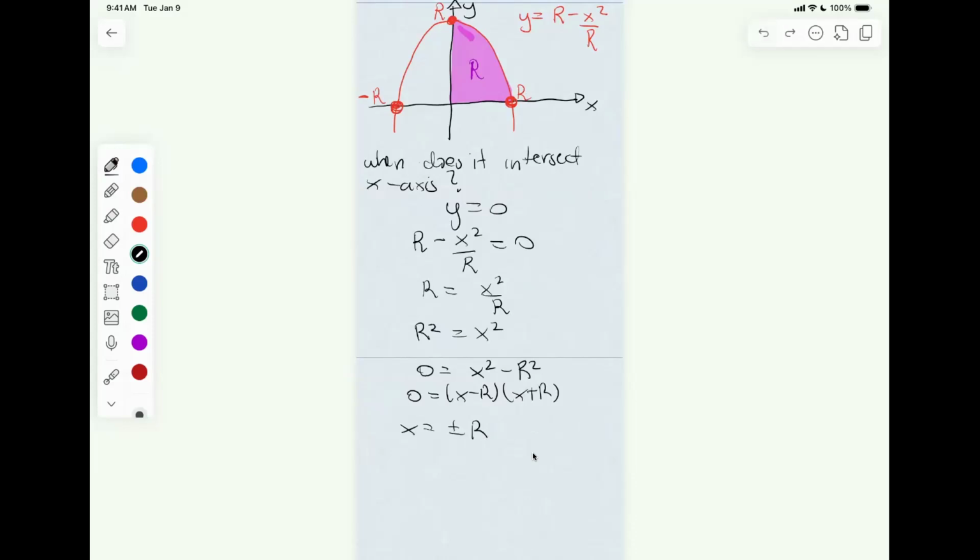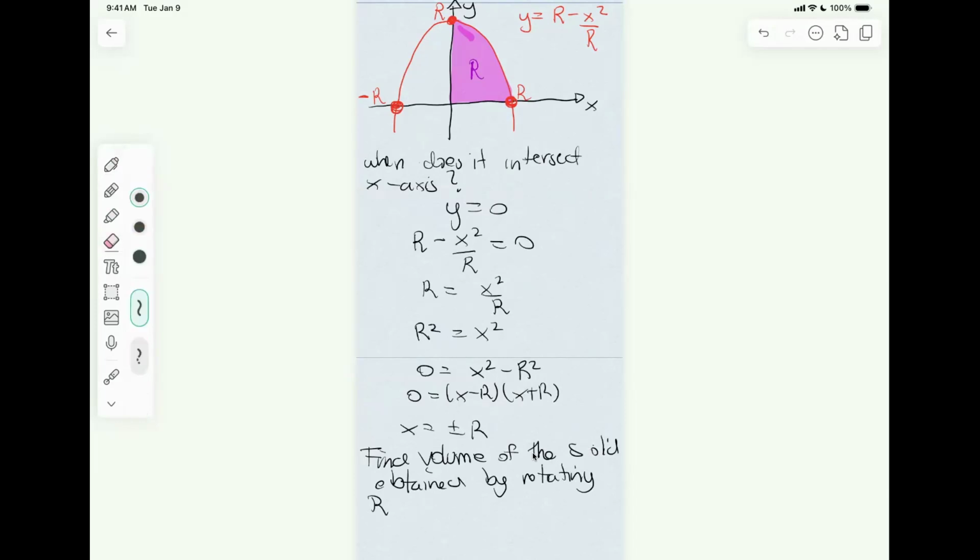So the problem would be to find the volume of the solid obtained by rotating R, the region.